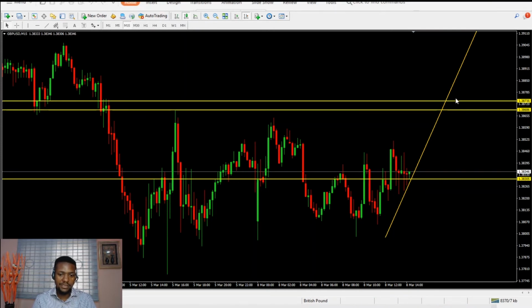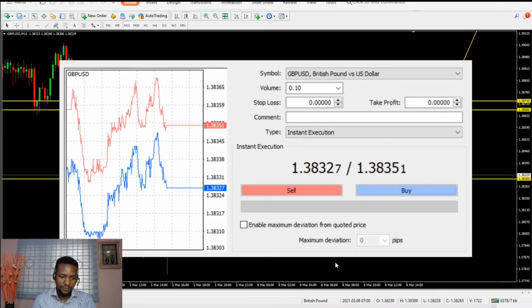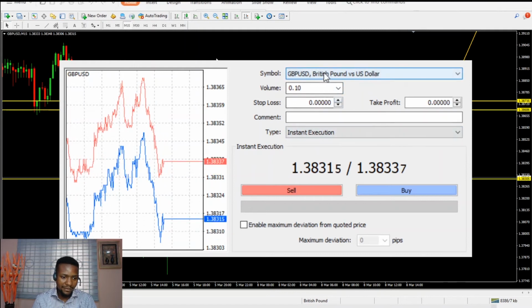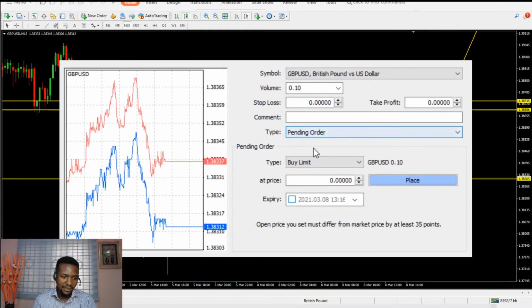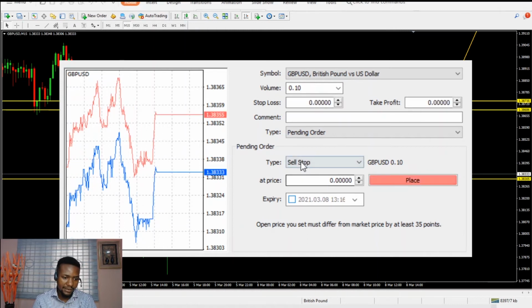then a trade should automatically be placed. So in setting up a buy stop, you click on new order, and on the type, after selecting your asset, your stop loss and take profit, you select pending order and you select buy stop on the list.